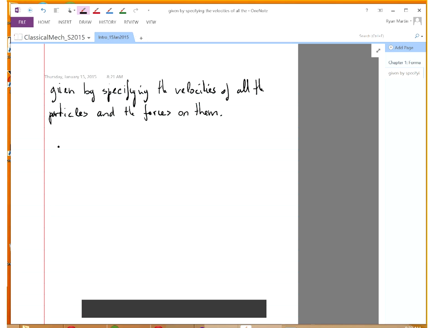So in vectorial mechanics, so Newton's second law, we use forces and accelerations.